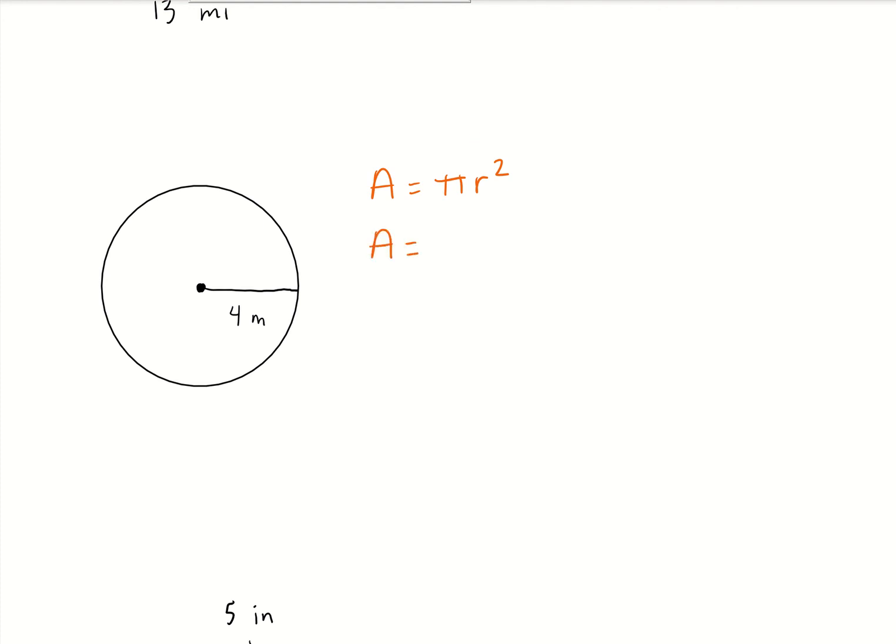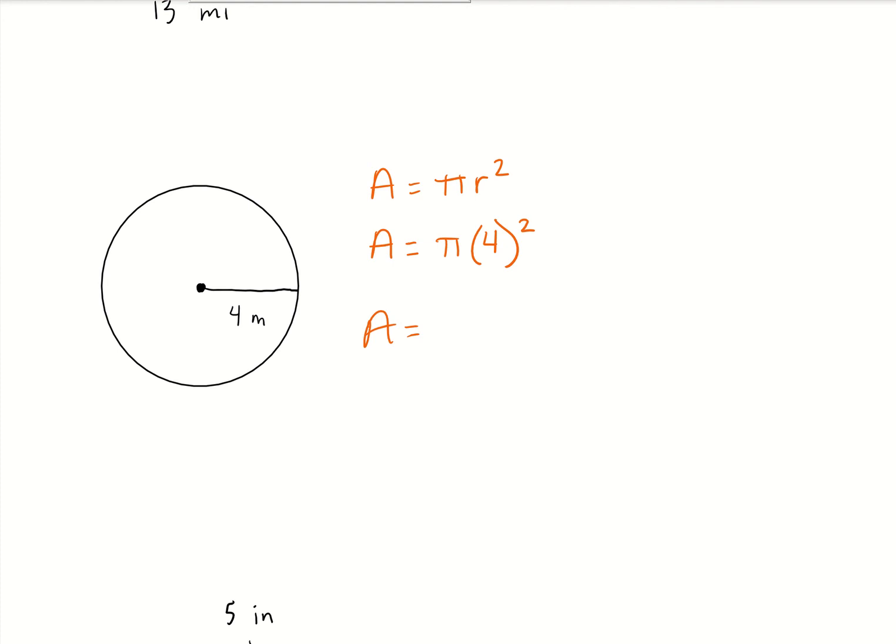So now we have area equals pi times the radius, which for this one is 4, and then we square it. Now this is one you're definitely going to need to put in your calculator. I'm going to go ahead and do that right now. If you have the TI-30X, the pi button is right above that little caret button, 3 below the second button, basically.